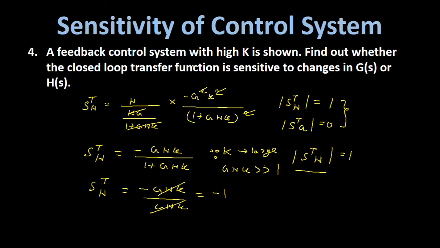Thus, the closed loop transfer function is sensitive to changes in the feedback path transfer function H(s), because the sensitivity of T with respect to H is equal to 1, meaning it is 100% sensitive to changes in H(s), and there is no sensitivity found for variation of G(s) here.